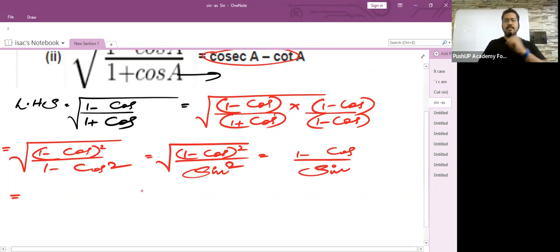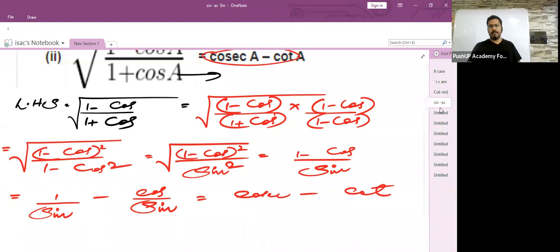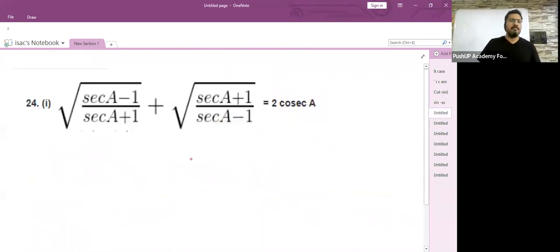The second last step: individually divide the terms in the numerator with the denominator. Okay. 1 upon sine is what? Cosec. And cos upon sine is cot. This is the answer. All right. Fine. Let's start with the next sum.